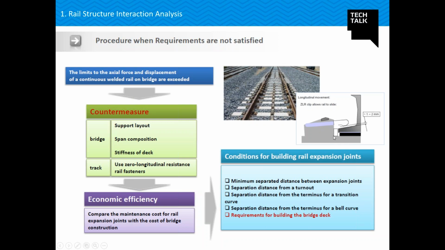As my rail is free to move, whatever stresses are accumulated in this zone will be released. You can see here in the image the locations where zero longitudinal resistance rail fasteners are provided.